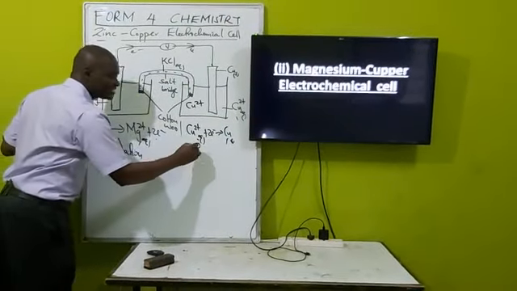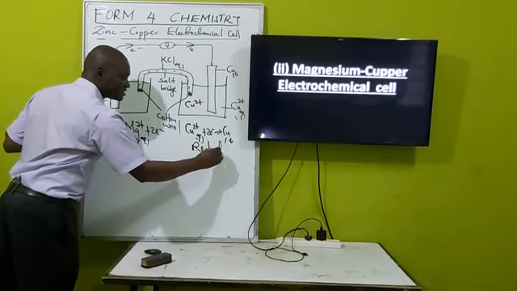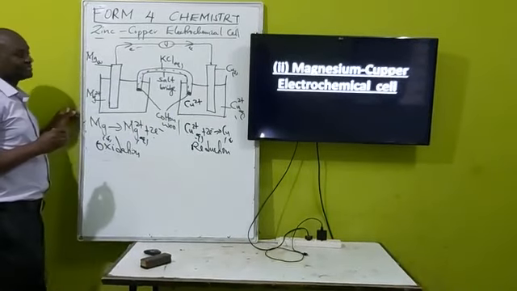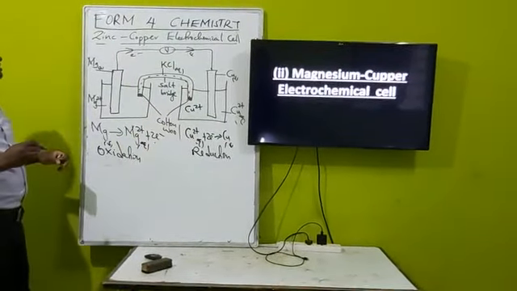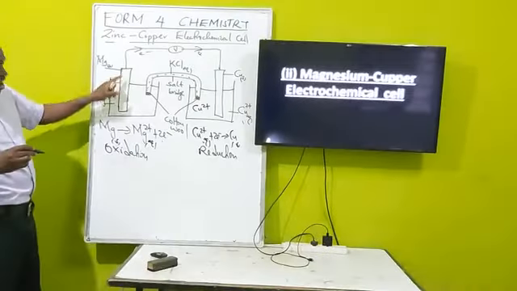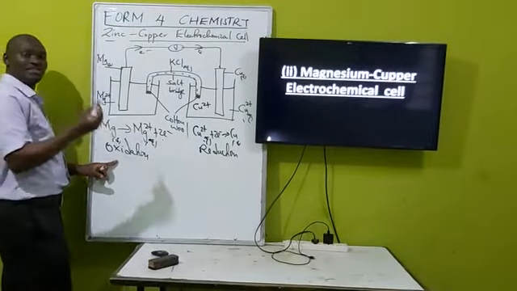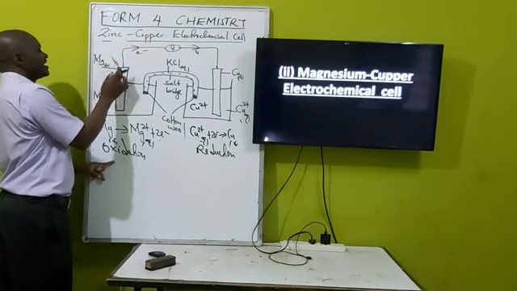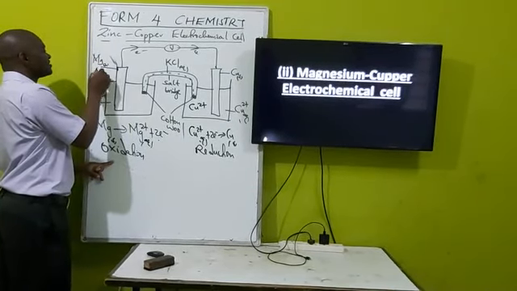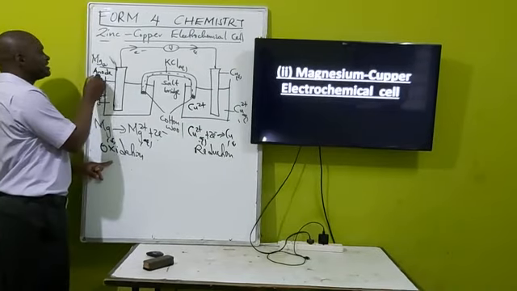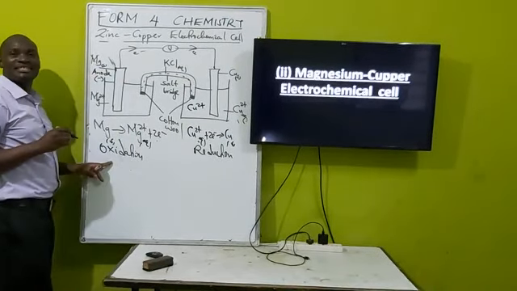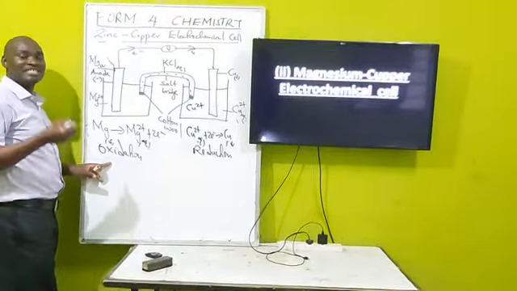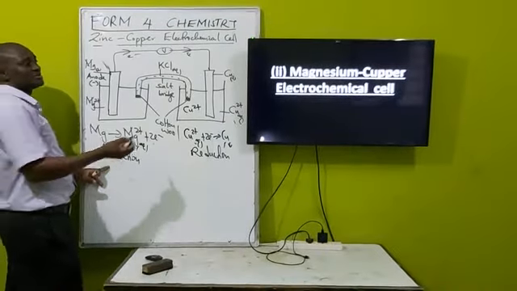Gain of electron is reduction. So the electrode where oxidation takes place, loss of electron, is the anode. So this one is the anode. The anode is negative because it has a large number of electrons, negatively charged electrons.